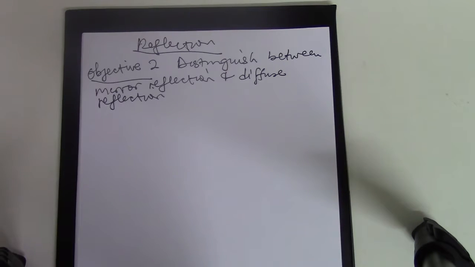Right. In other words, what this tells us is that there are two types of reflection that take place.